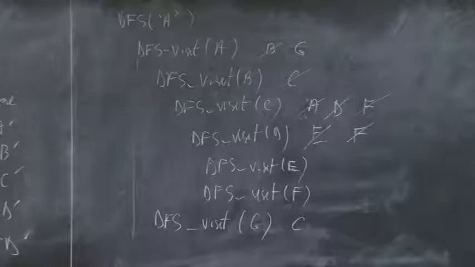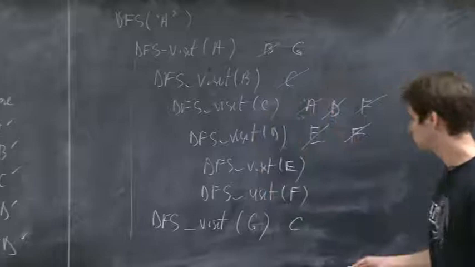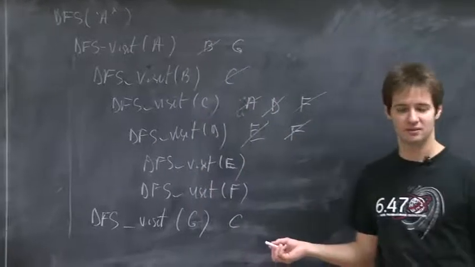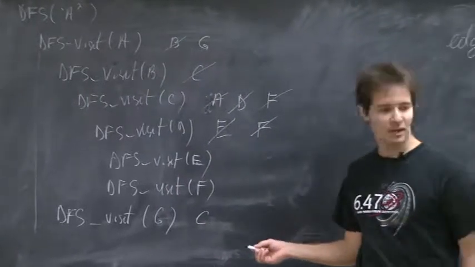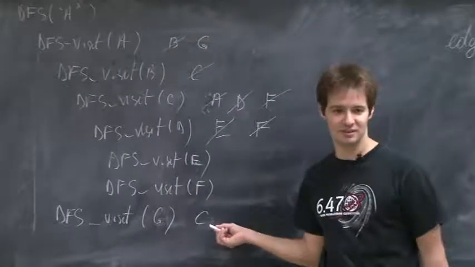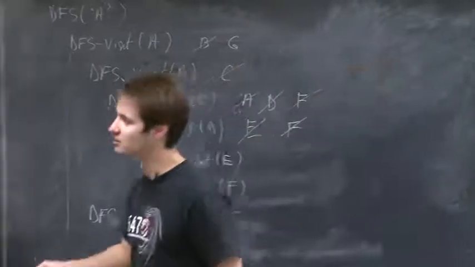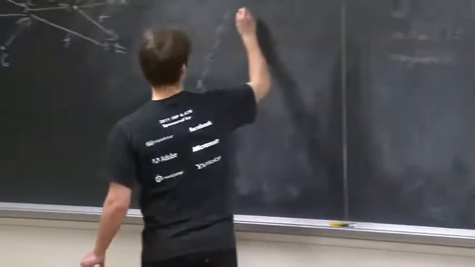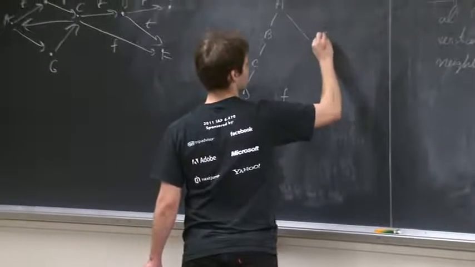Okay. So is C in parents? Actually, I was wrong, sorry. C is in parents, so we're not going to visit it. So let's see how the tree looks at this point. It looks like this.